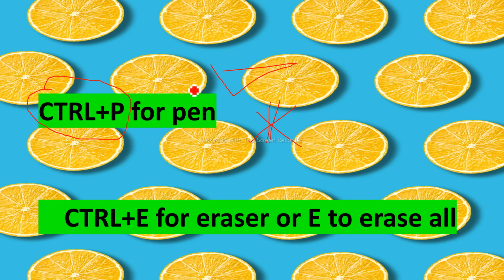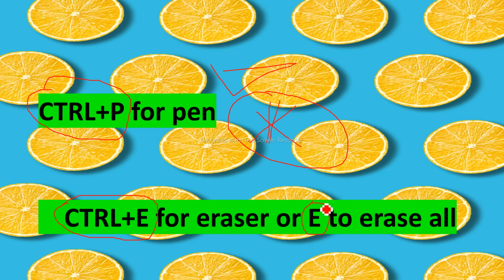Apart from Control P for pen, you can use Control plus E for the eraser, or E to erase all. If you need to clean what you have written using this pen, you press E to erase all.